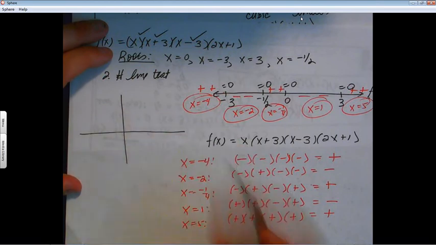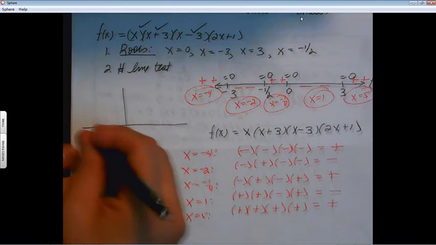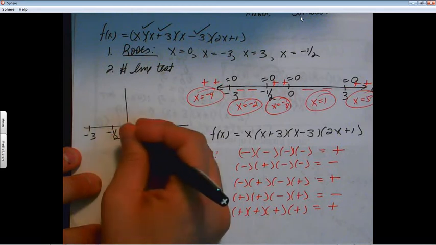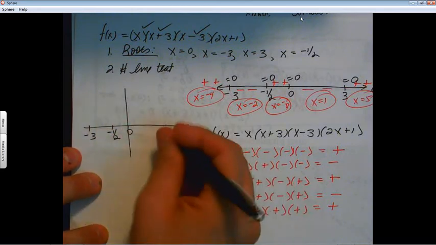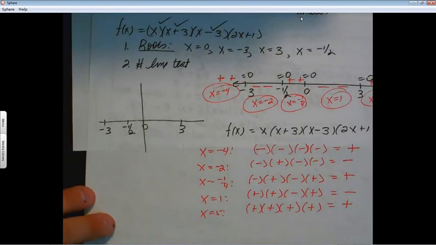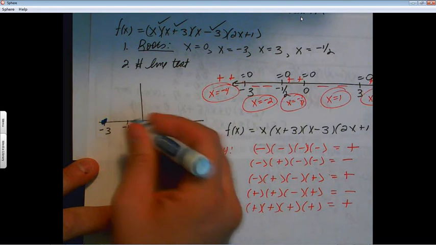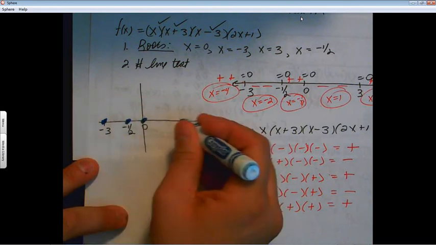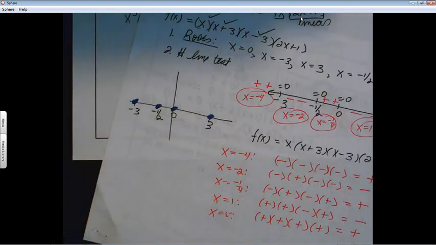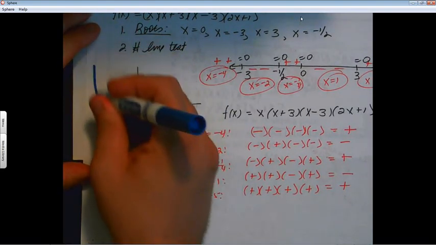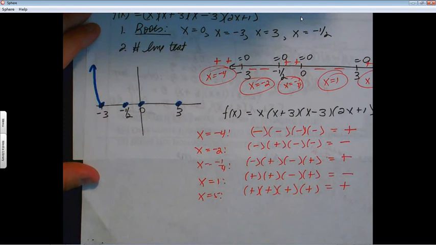Multiply it all together, we have positive. So the way we're going to look at this number line test, the function is positive above the x-axis, hits a root, drops below the x-axis, hits another root at -1/2, is above the x-axis, hits another root, drops below the x-axis, hits another root, pops up above the x-axis.